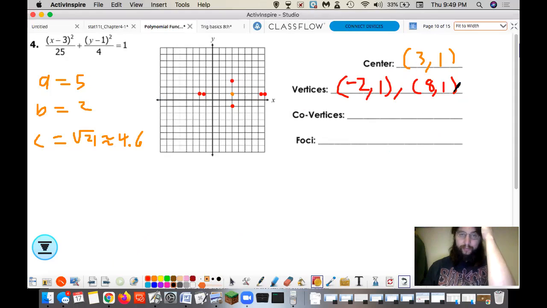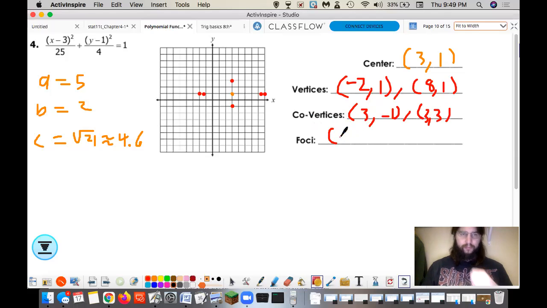Can't read a graph and don't know what to tell you. That's 3, -1. That's not a 1. Right, which I actually think it is instead of something random. 3, 3. Foci are right before.